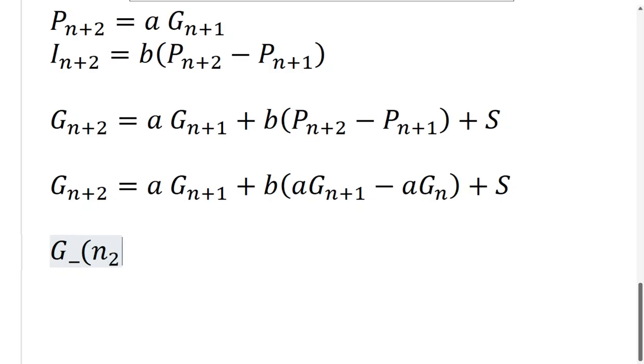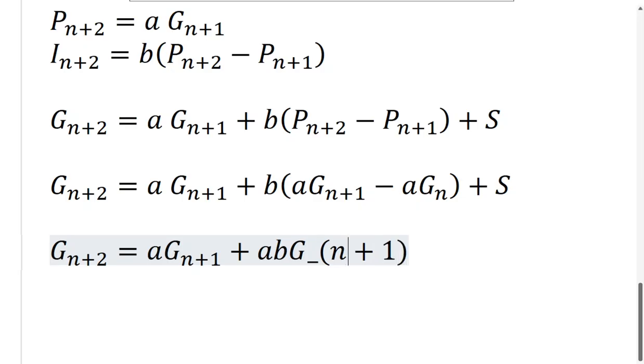Let's learn how to type again. So g n plus 2 equals A g n plus 1, plus A b g n plus 1, minus A b g n, plus s. I just multiplied out the brackets there.